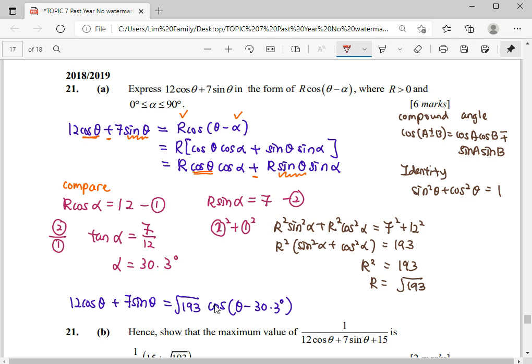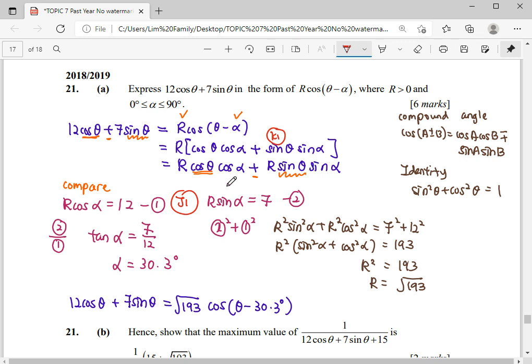So we see what is important here. First, we express our r cos theta minus alpha in compound angle formula, and it is very important we can build out our equation 1 and 2 by comparing this expanded form.